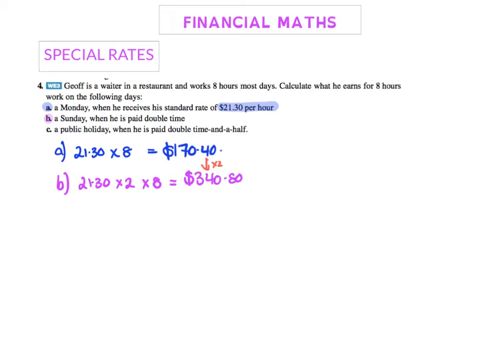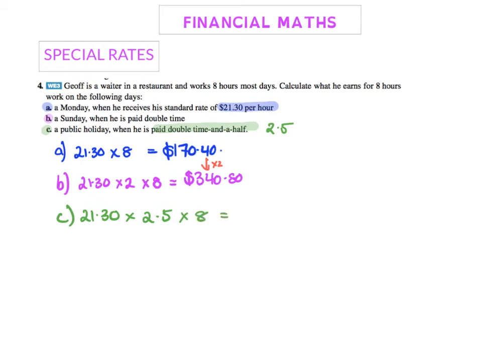And then the last one, where it says a public holiday when he's paid double time and a half. Double time and a half means you're earning at 2.5 times the hourly rate. So you've got $21.30 at times 2.5 rate, and he's still working the 8 hours.